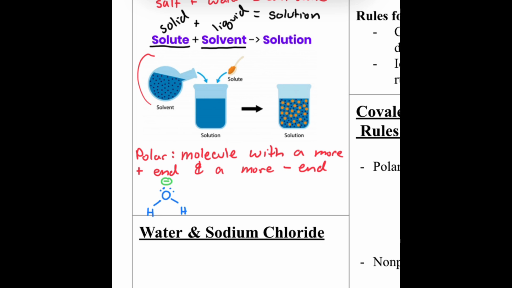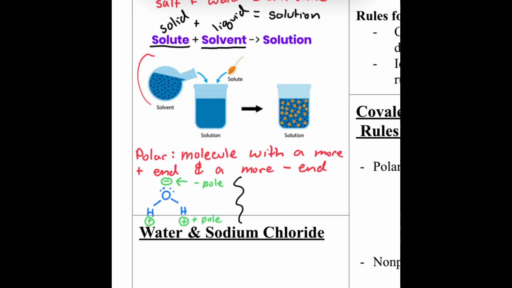And hydrogen, on the other hand, not really an electron hog, not very electronegative. So overall, those hydrogens are just a little bit more positively charged. So this end of the water molecule is its negative pole, and that end of the water molecule is its positive pole.